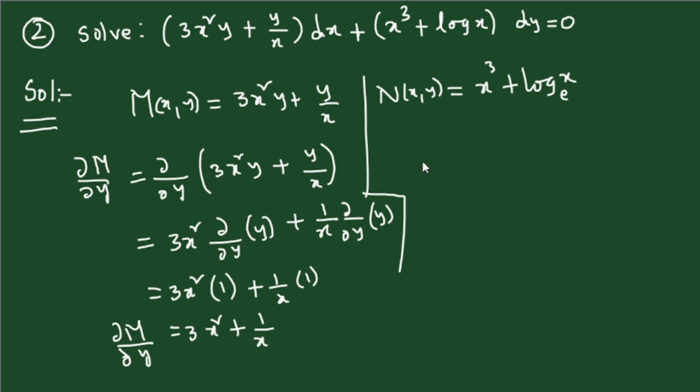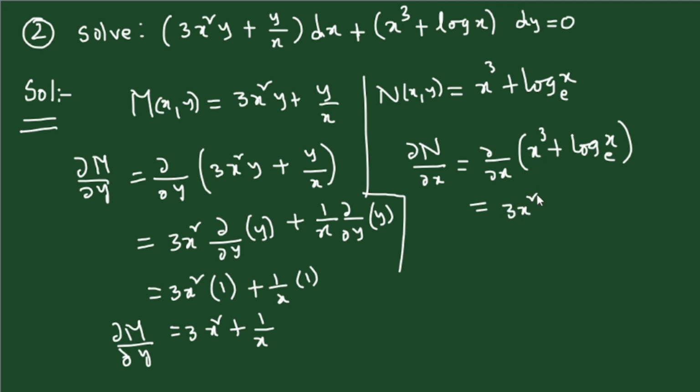Next, what is dou N by dou x? Dou N by dou x is dou by dou x of N. N is x cube plus log x to the base e. And what is the derivative of x cube? It is 3x square, because derivative of x power n is n into x power n minus 1. And the derivative of log x is 1 by x. So therefore dou N by dou x is this.